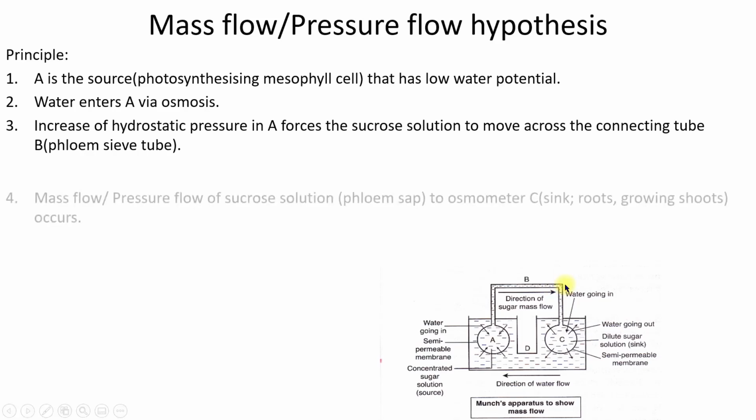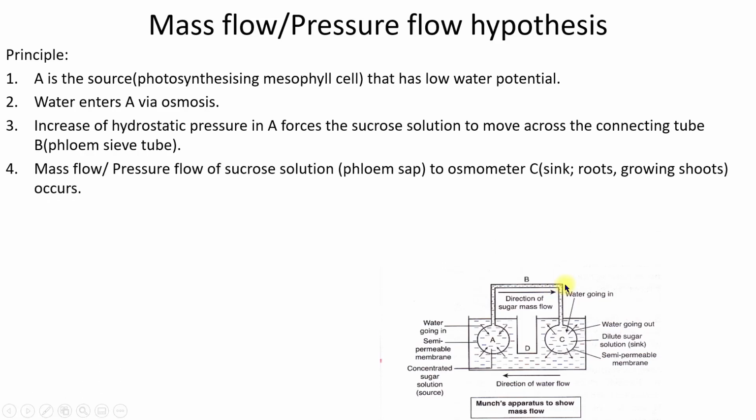Next, the mass flow of sucrose solution, the sap, goes to C, and C is known as the sink, for example the roots or growing shoots and other parts of the plants that need sucrose.